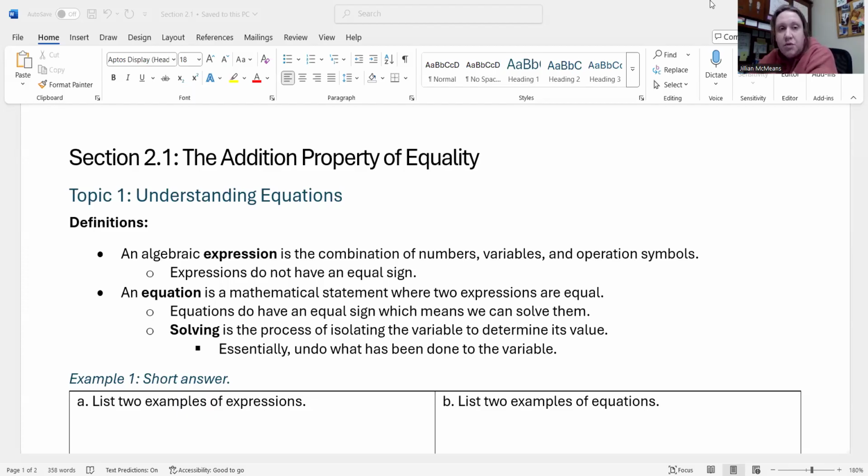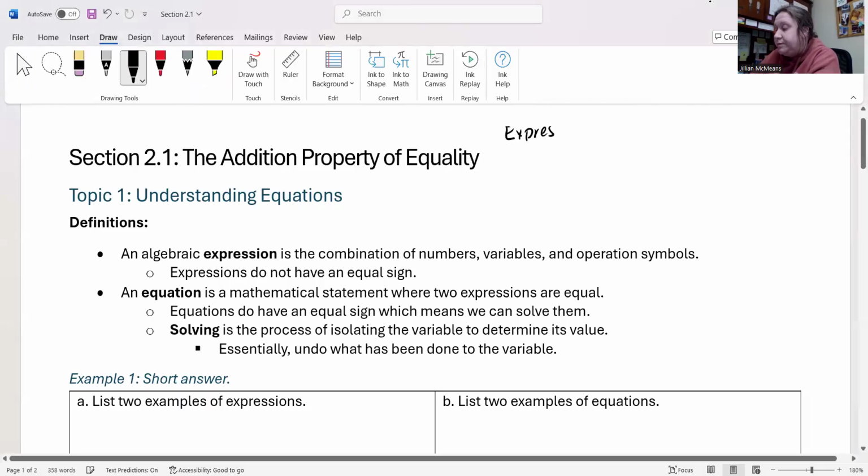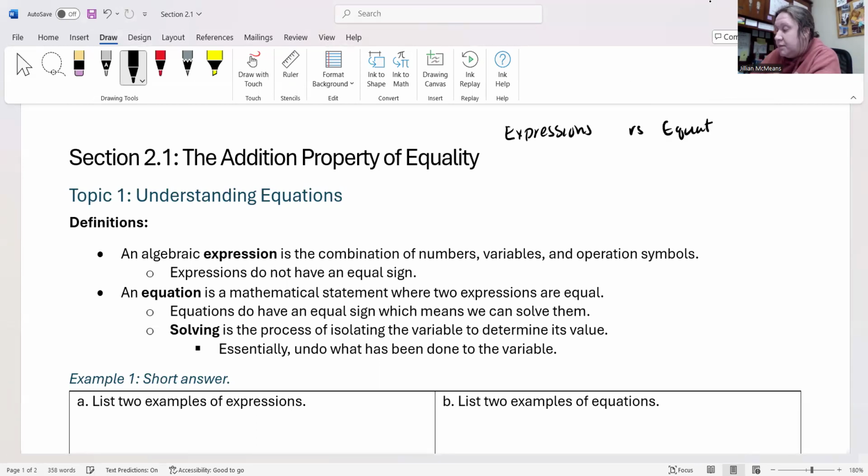Okay, so this section is all about the addition property of equality. So I do want to remind you of a couple of things. In previous sections, we talked about expressions versus equations. And ultimately, it came down to expressions have no equal sign, equations have an equal sign.